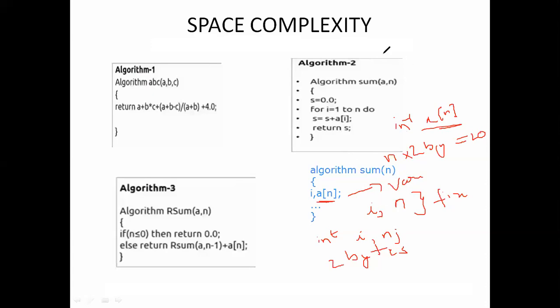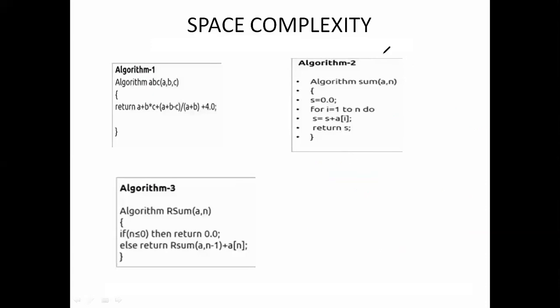So these are only general problems. Now we move to recursion. When a function calls itself, we call it recursive. In this, how do we identify the fixed part and the variable part? In the previous algorithm, what is the space?